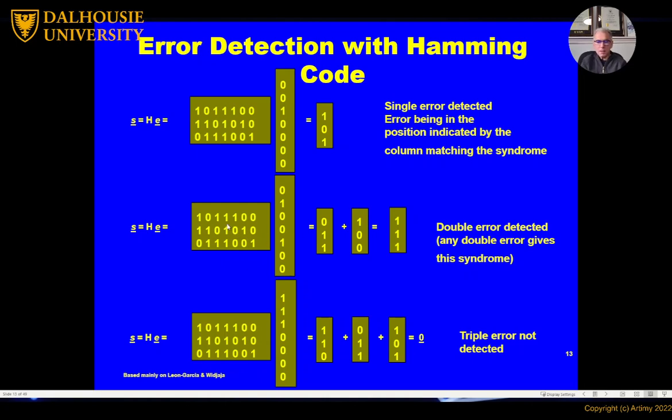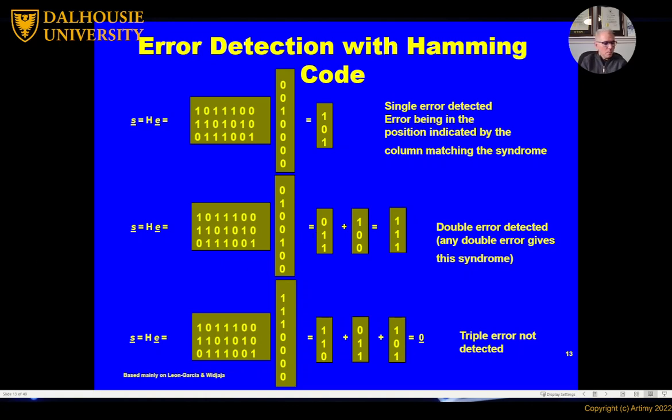Actually, if it corrects it, it will correct the wrong error. It will assume that the error happens in the fourth column here, and it will flip it, but that's not the actual error. So this system is capable of detecting and correcting single bit errors, but it can detect double bit errors, though it cannot correct them.